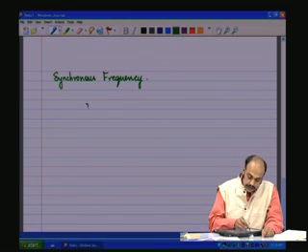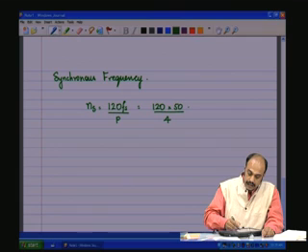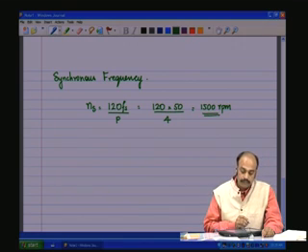Now we know that the synchronous speed ns is equal to 120 f stator by number of poles p, which is 120 into 50 hertz is the stator frequency by 4 poles that we have said, and this is 1500 rpm. This is the synchronous speed.